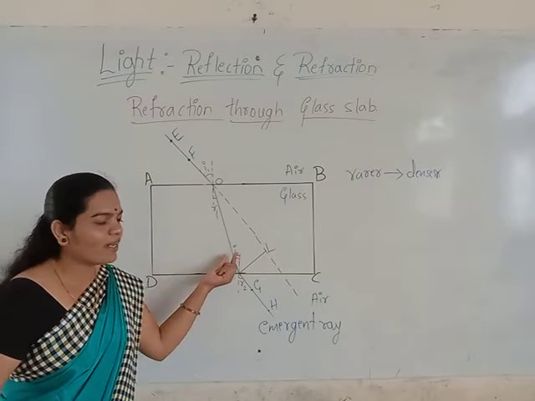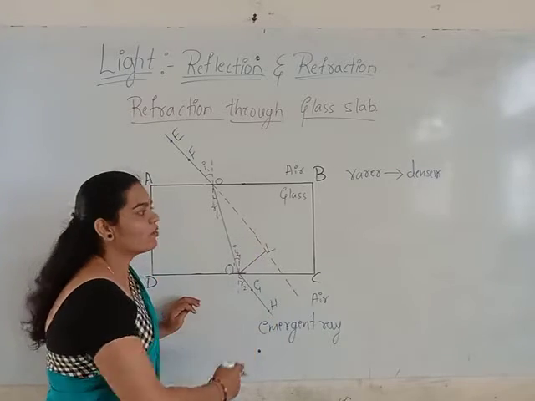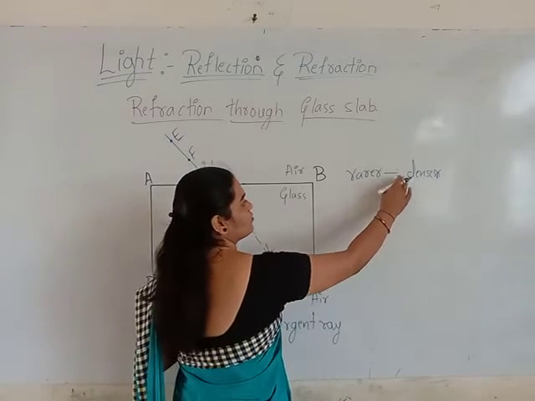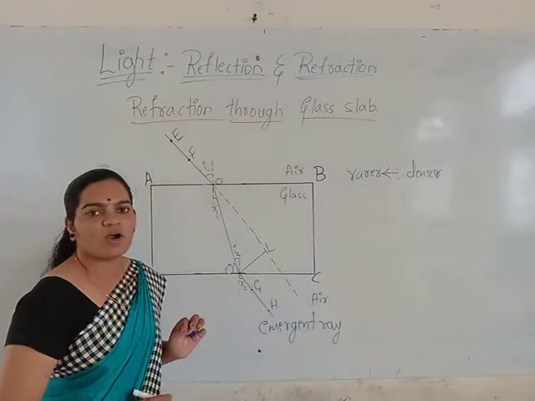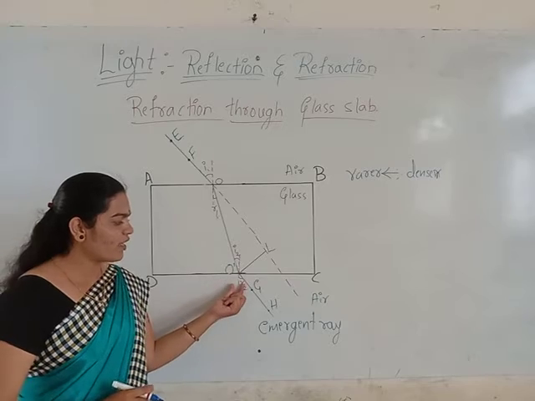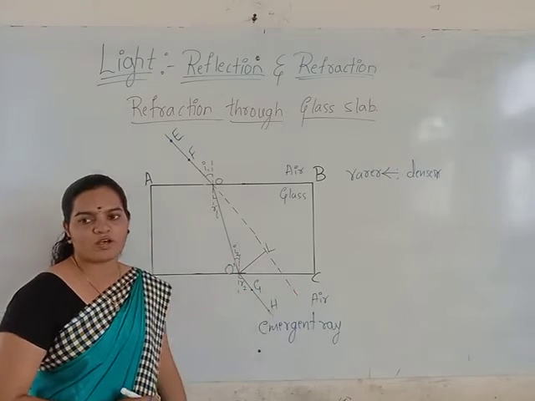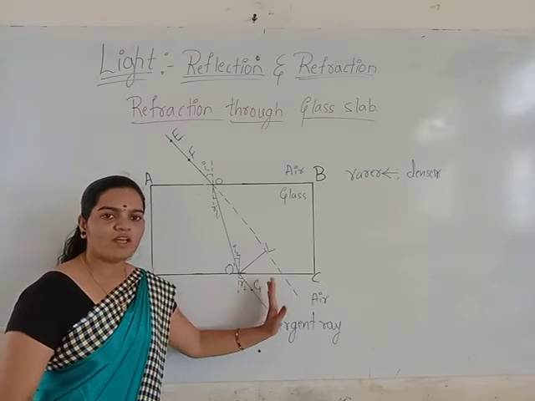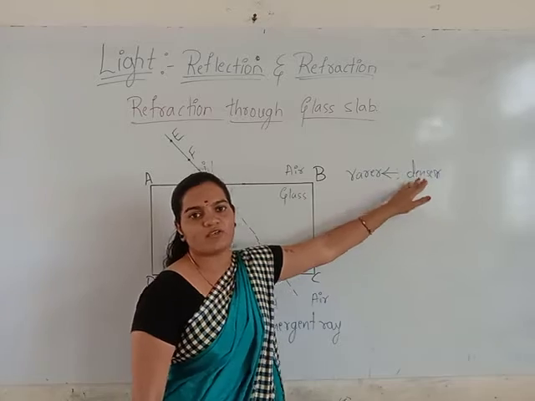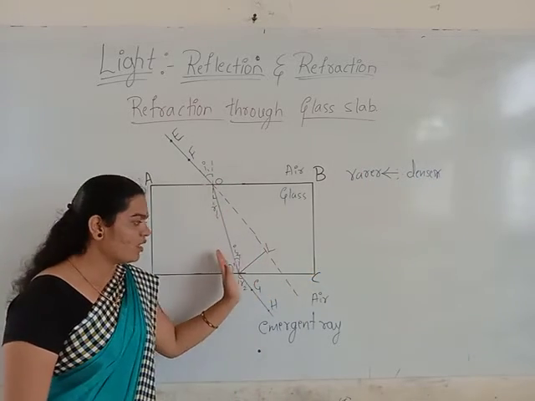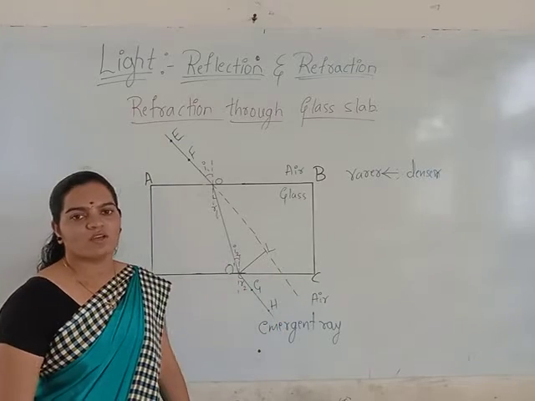And then when the ray is entering from the denser medium to the rarer medium, opposite of this, what is happening here, is the ray coming towards the normal or going away from the normal? Away from the normal. Remember this, when it is entering from denser to the rarer medium, the refracted ray or the emergent ray goes away from the normal.